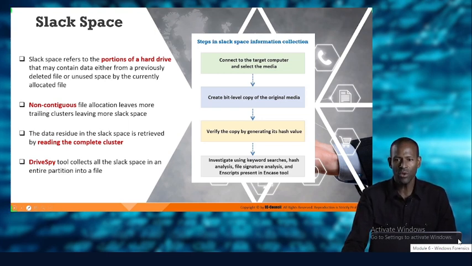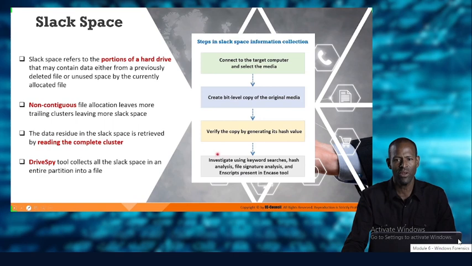So what are we going to do with that? First of all, we're going to connect to that computer and select the media we want, and then we're going to create a bit level copy of the original media, and then we're going to verify the copy, generate a hash value, and then investigate using keyword searches, hash analysis, file signature analysis, and then scripts to present in the N-case tool.